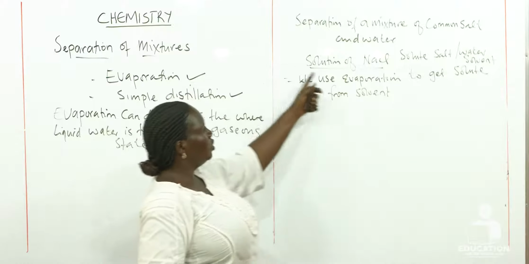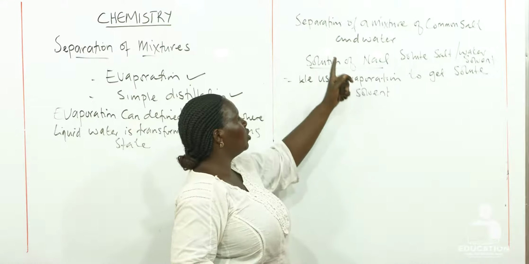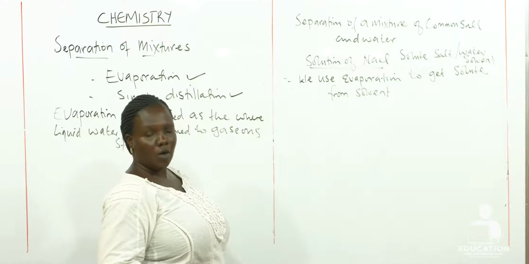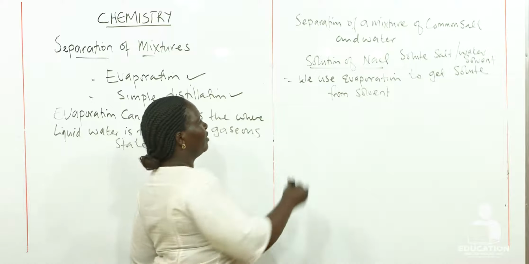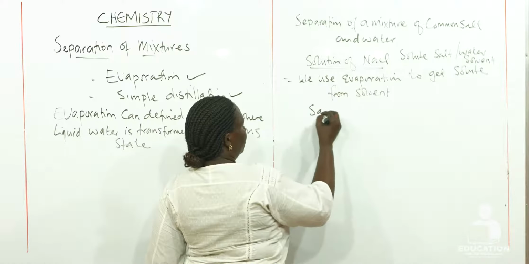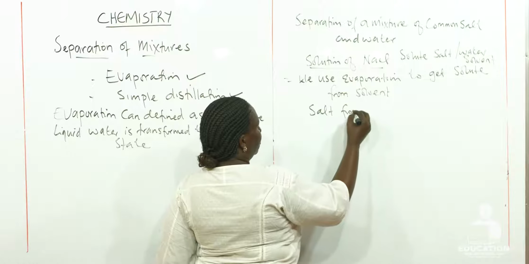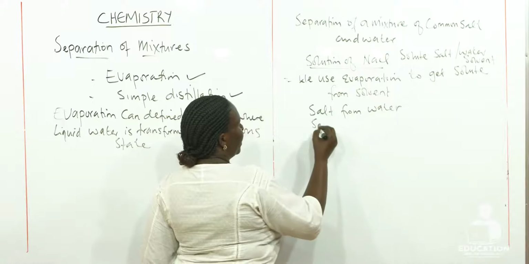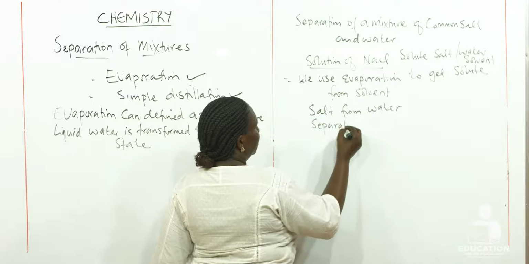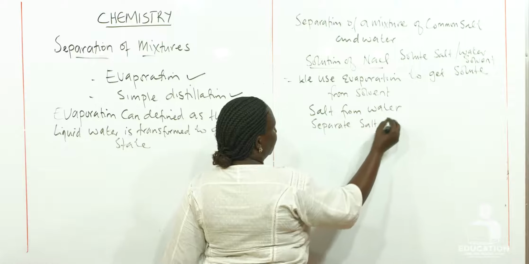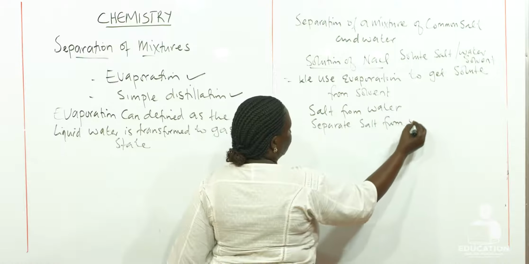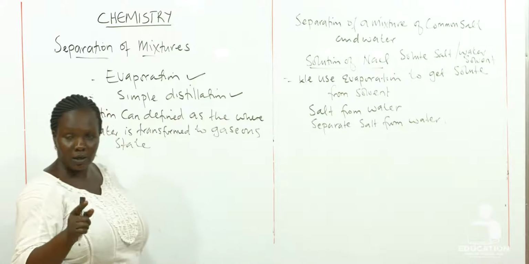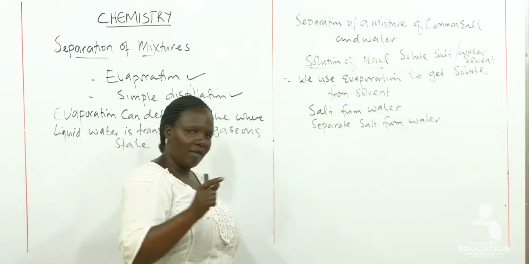We said our solution is a solution of sodium chloride. So the solute is salt and water is the solvent. So we want to get salt from water. Or we said we need to separate salt from water. That is in step number 1. So we are going to separate the salt from water using evaporation.